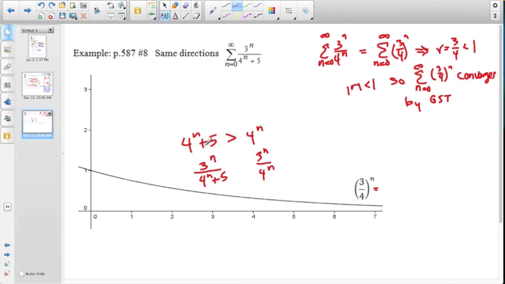If the denominator is bigger, then the whole fraction is smaller. So we know this series is smaller than this series.